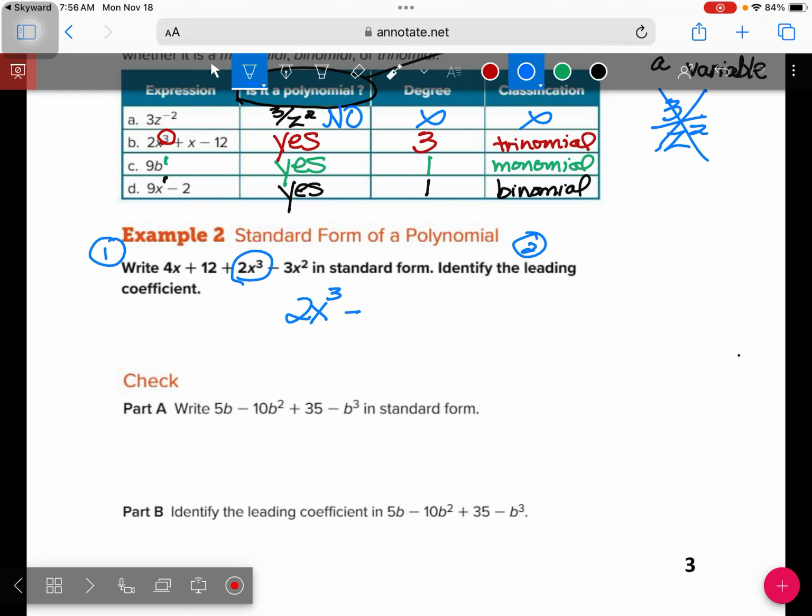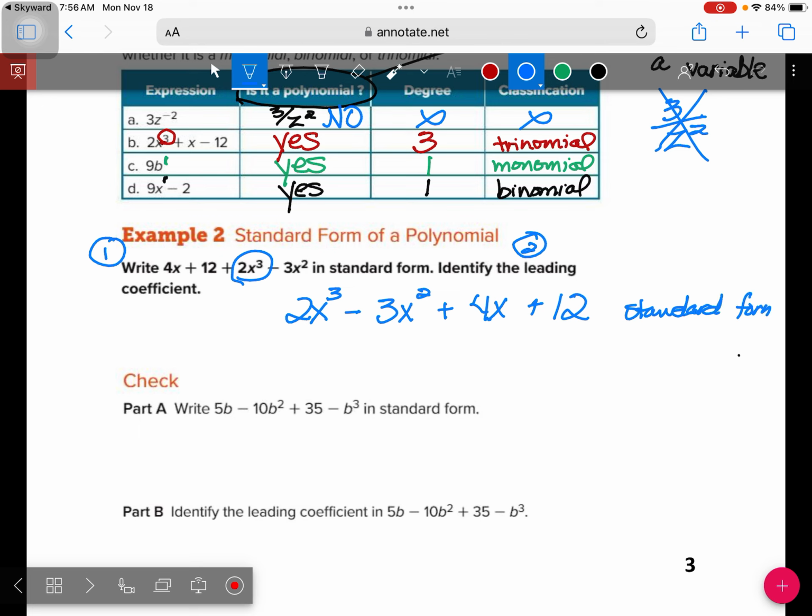Next would be minus 3x squared. Then I have plus 4x, because there's no sign in front, I know that's positive, and then plus 12. So we have written that in standard form.